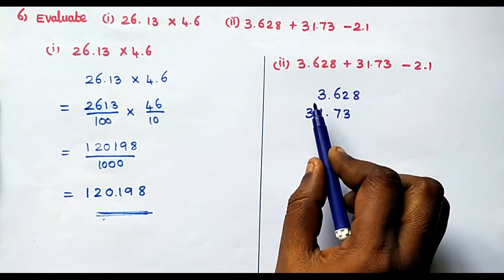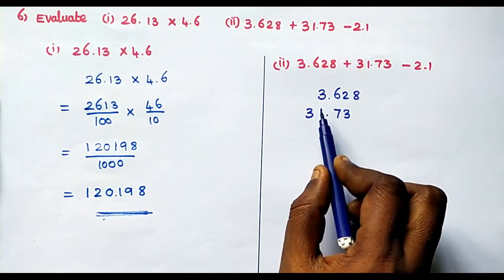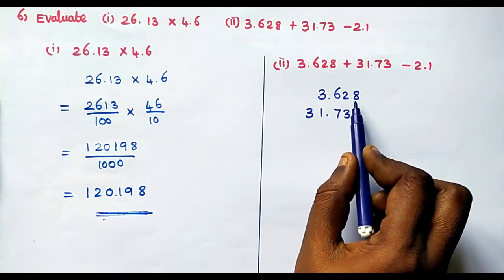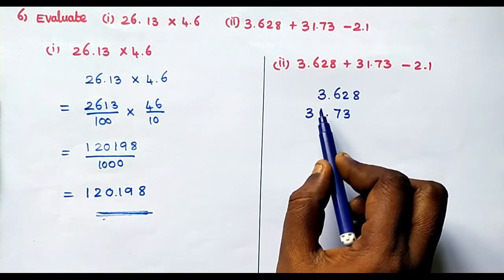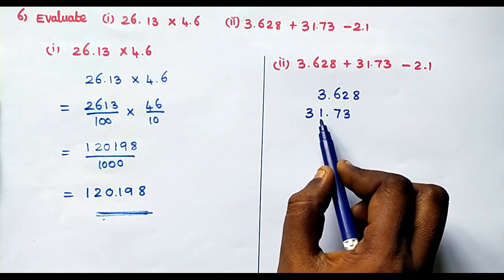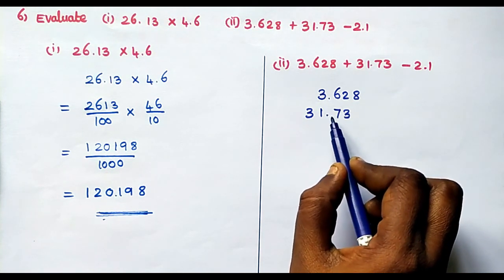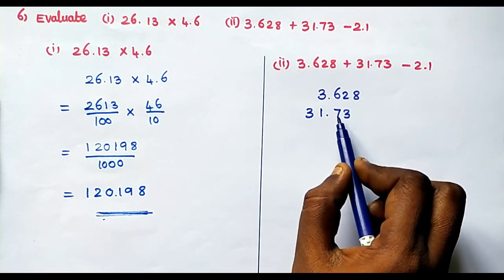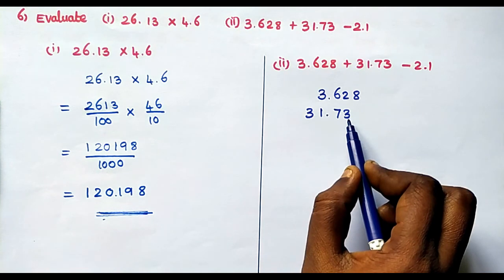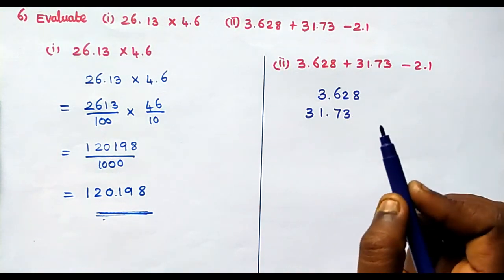Listen, how will you write down the numbers? Whole numbers: in 31, the ones digit is 1 and the tens digit is 3, and 0.73 has only the tenths and hundredths places given in the second number.